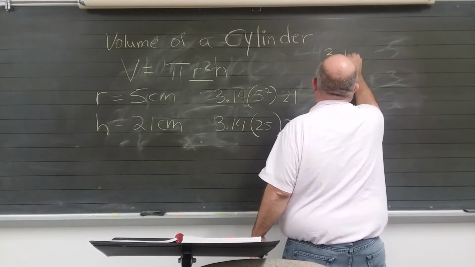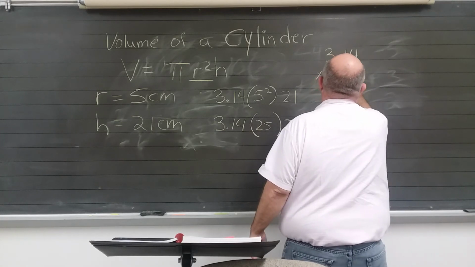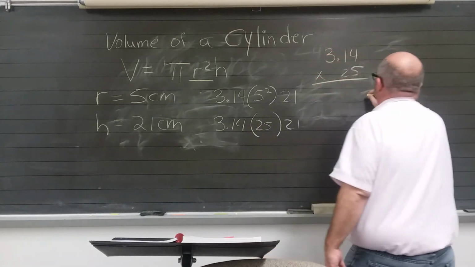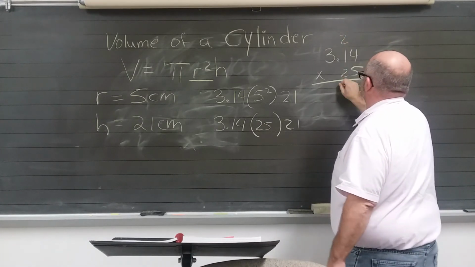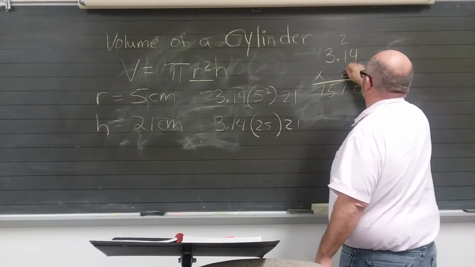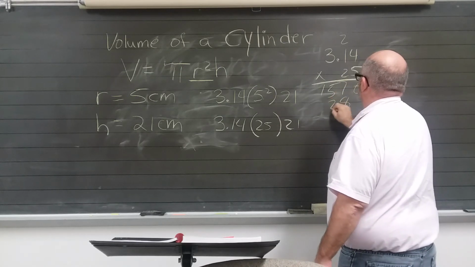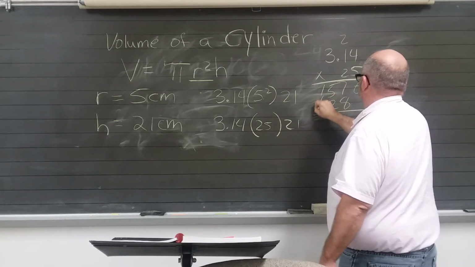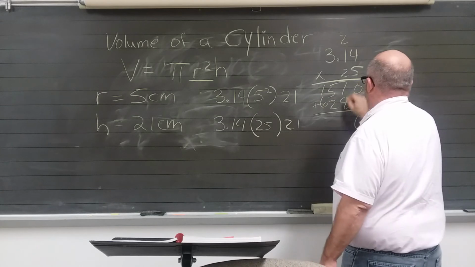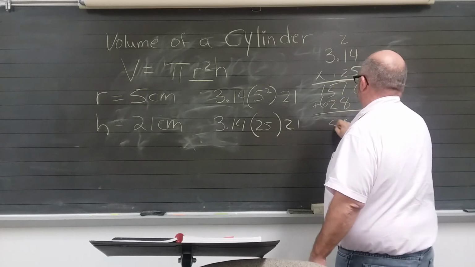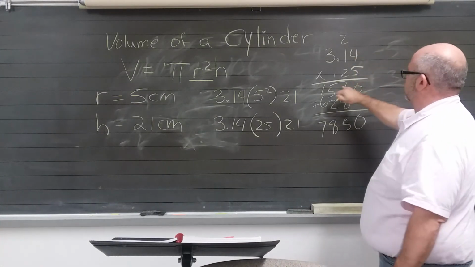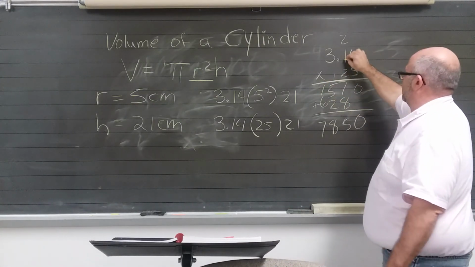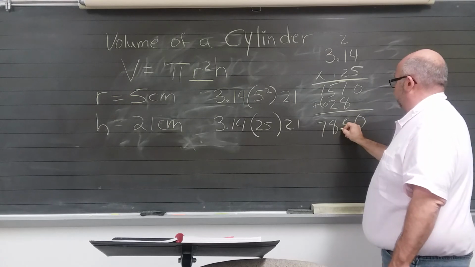Let's start with 3.14 times 25. What's that going to be? 78.50.